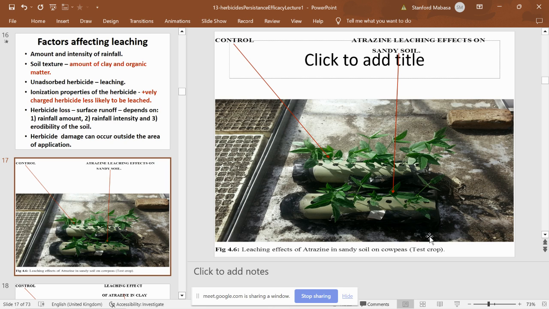First, you make them upright and apply your herbicide. You allow the herbicide to reach after 2 days or 3 days. Then you put the tubes in a horizontal position. Then you plant a sensitive crop like cowpeas in this case.